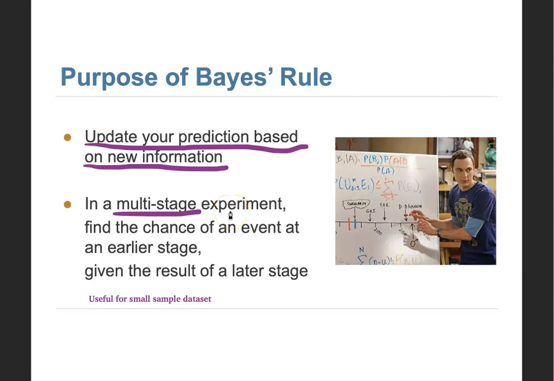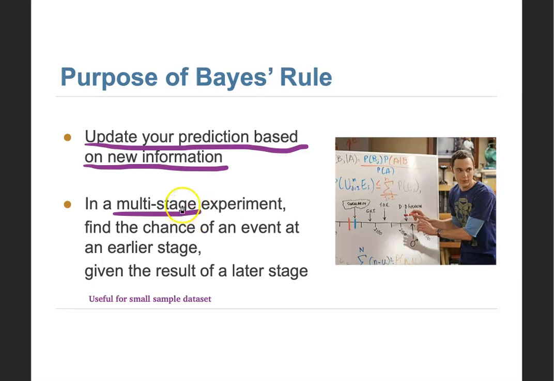According to the new information added, the chance of an event at an early stage may change the probability at a later stage. So we use Bayes rule, and we keep updating our probability.